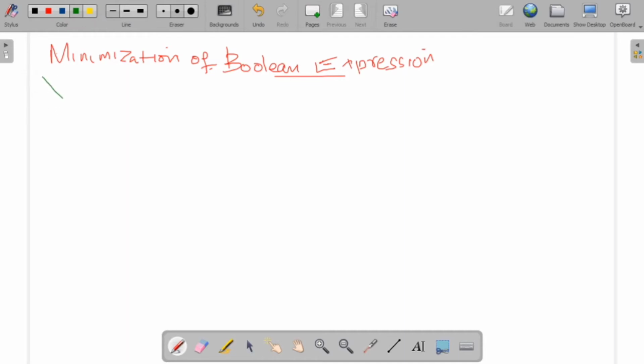For example, I am having an equation, let y is equal to ab plus a bar b. Okay, this is an expression. I can draw a circuit by using the gates in order to realize the expression.